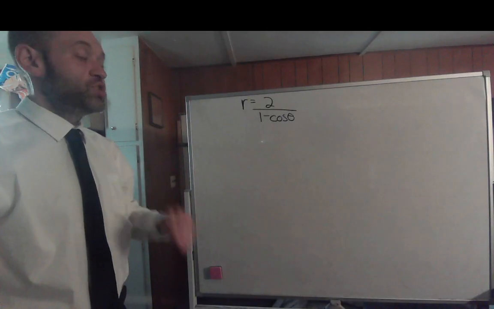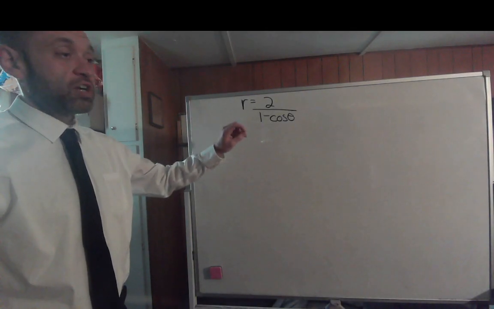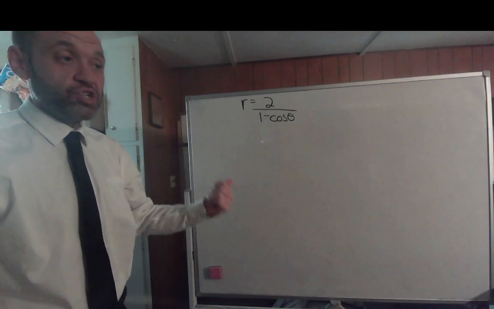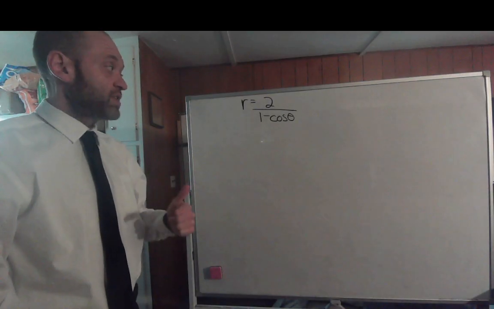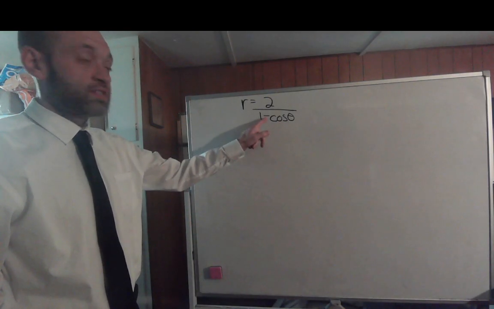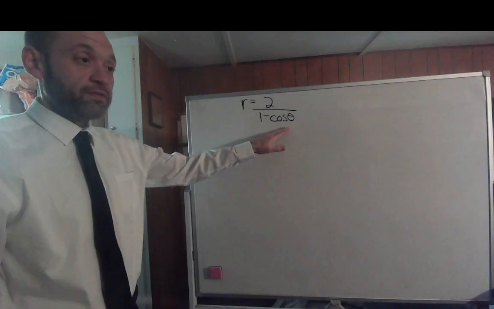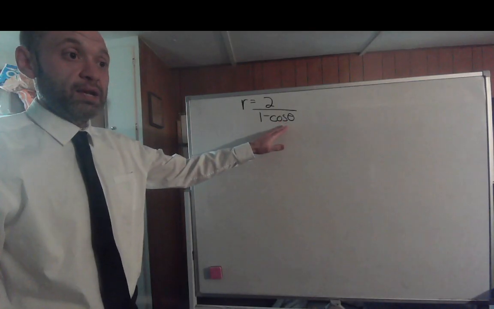Now, a couple things. You want the constant term in the denominator to be a positive 1, which we have here. Part 1 checks out. The second thing is that coefficient, regardless of whether it's positive or negative, the coefficient on your trig function is your eccentricity.